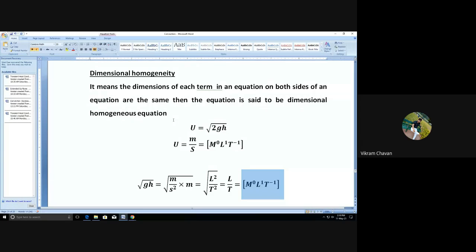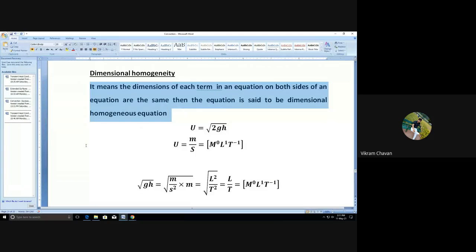So write down: dimensional homogeneity. It means the dimensions of each term in an equation, on both sides of an equation, are the same.